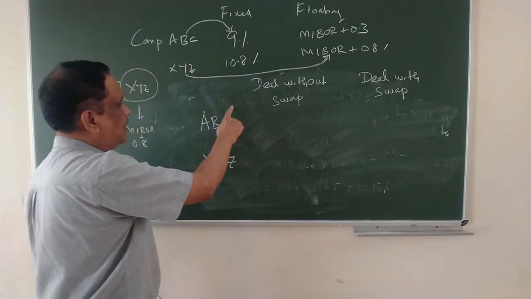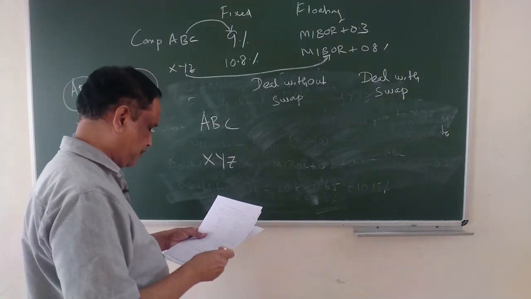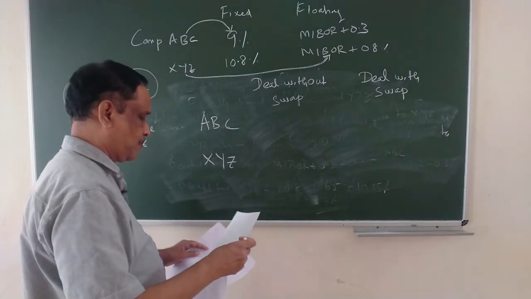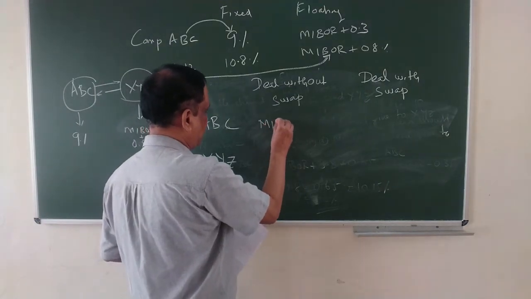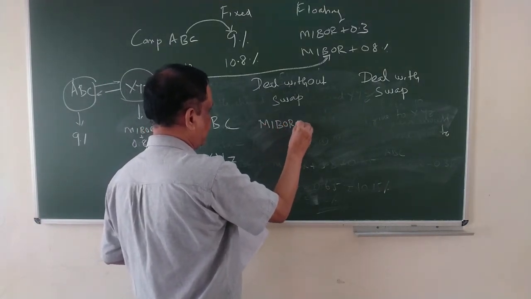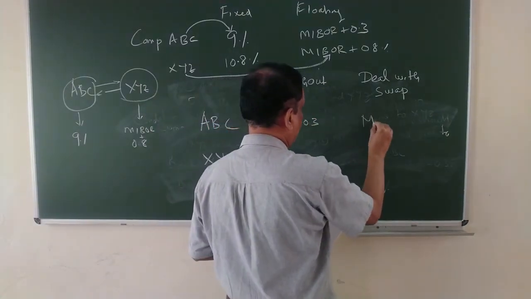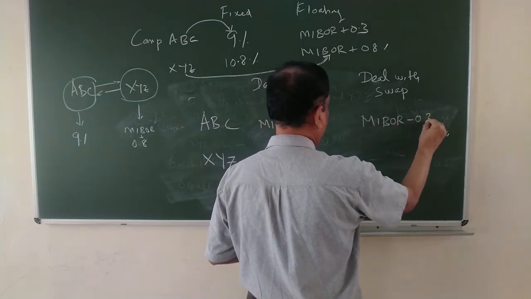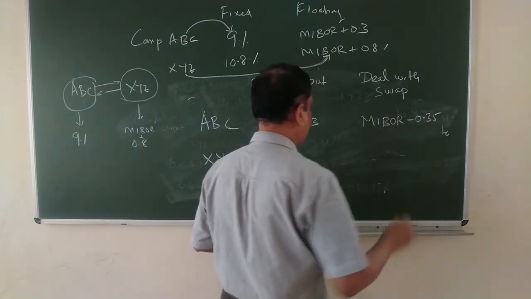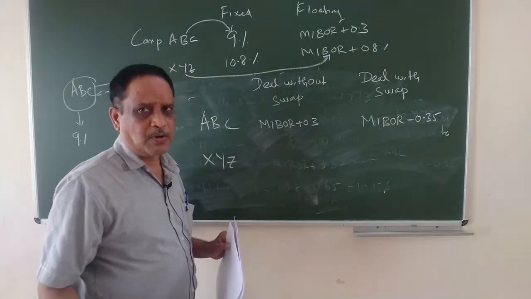So, deal without swap for ABC would have been LIBOR plus 0.3 they should have borrowed.